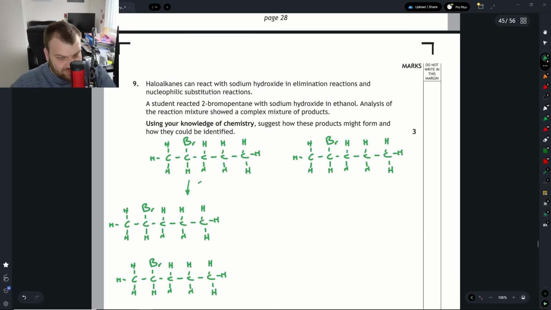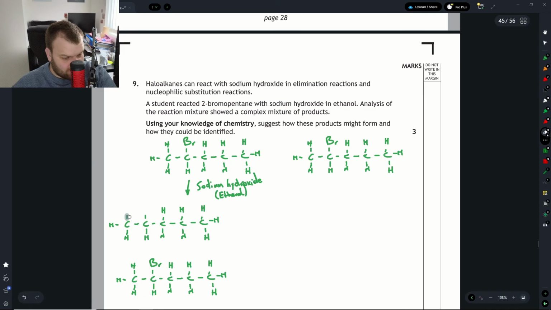If we react it with sodium hydroxide in an ethanol solution, we will carry out elimination. So we need ethanol for elimination.